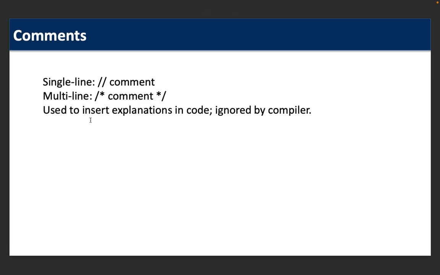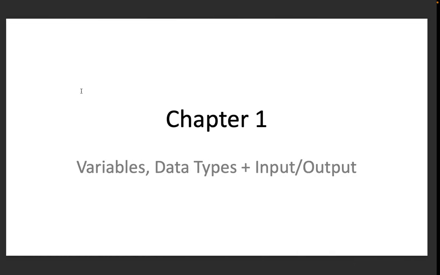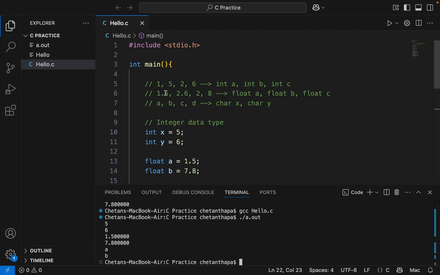And yes, you can even comment your code. Suppose, at the top of my code I have added these two lines. That means the compiler will not run these lines. This is used for commenting.